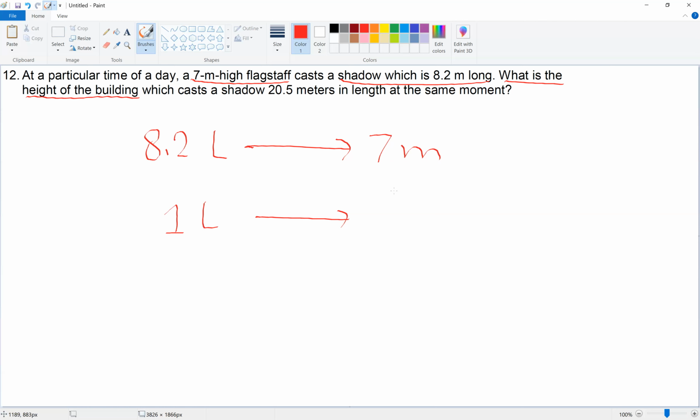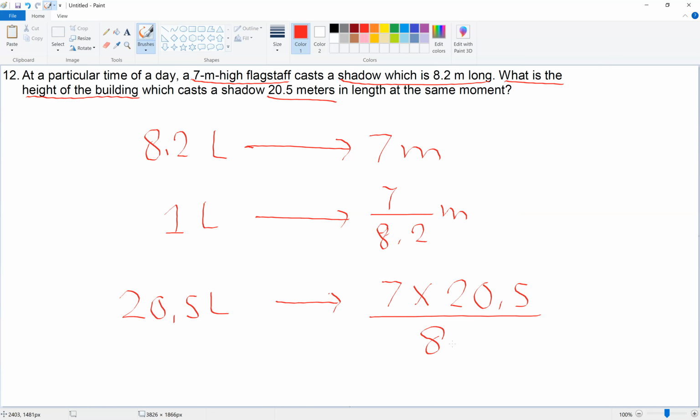What should be this number? 7 divided by 8.2 meters. And finally, 20.5. Again, 7 times 20.5 divided by 8.2. That's it. Do you understand my method? Yeah. And this would be 17.5.